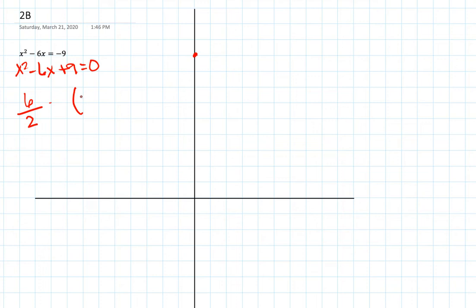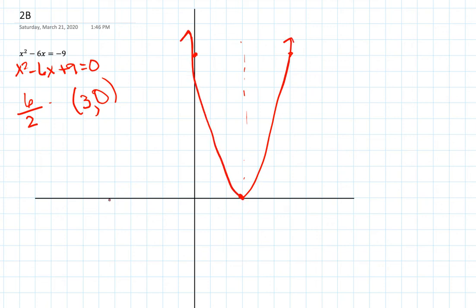So I have 3. And if I plug in a 3, I get 9 minus 18 plus 9. Look at that. I get 3, 0, which is my vertex. It opens up. So this is my line of symmetry. It's going to look like this. And my answer is just going to be x equals 3.